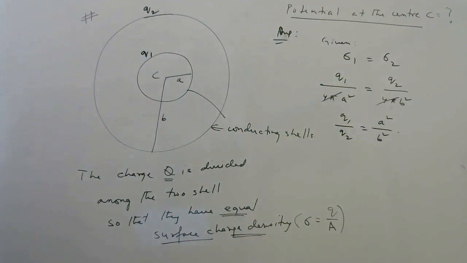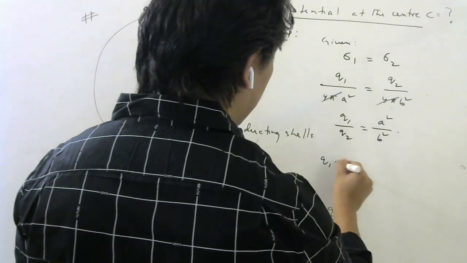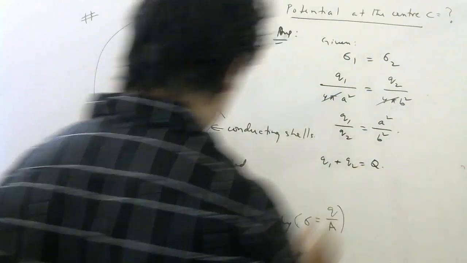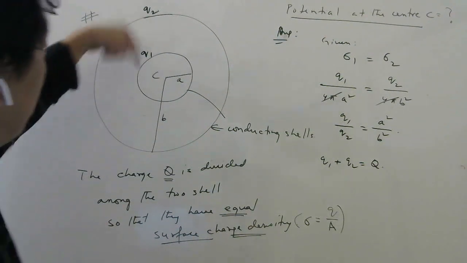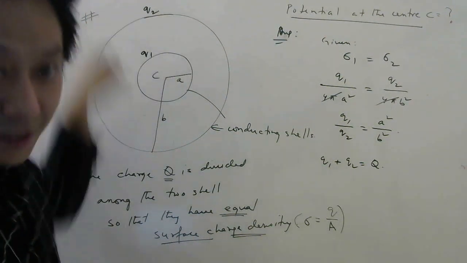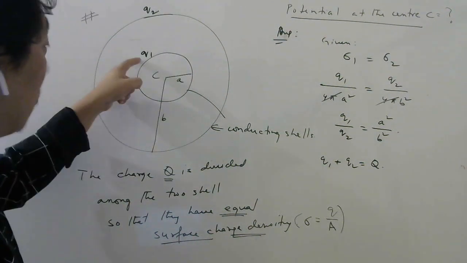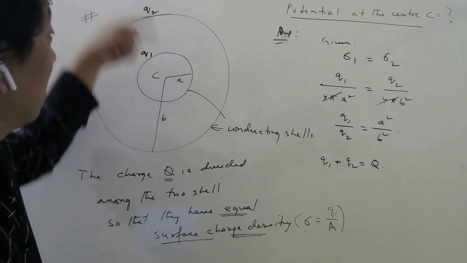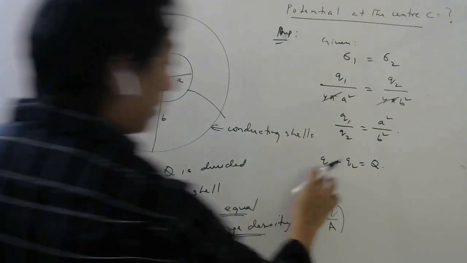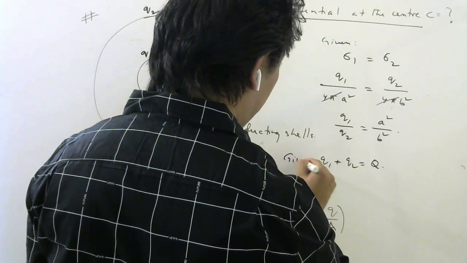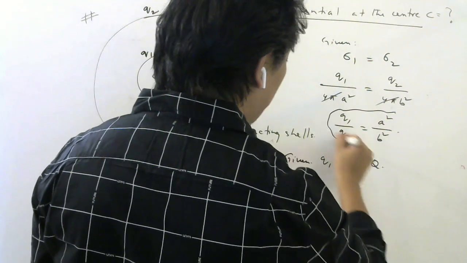Correct, students? Okay. Now, total charge was given how much? Capital Q. Because this capital Q was divided between this shell and this shell. So if I say q1 is coming here, then remaining should go here. So q1 plus q2 must be this. This is also given. Now just now I told you the trick.